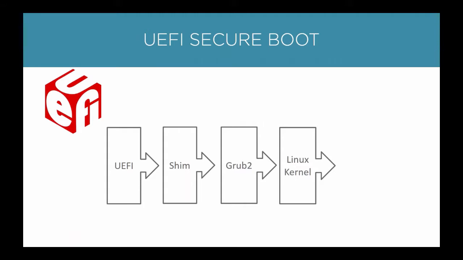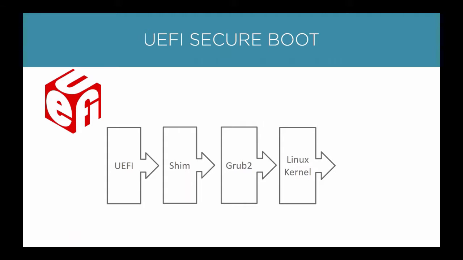And we went through the process of qualifying for this with Microsoft, and we got a signature for our bootloader, which is shim from the Red Hat people. So when UEFI, which is configured to enforce secure boot, checks the signature on our shim, it sees that everything is all right and that it can load the shim.